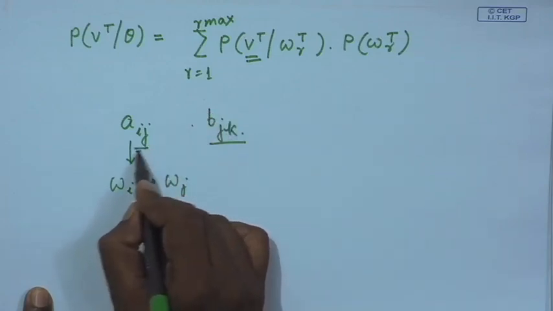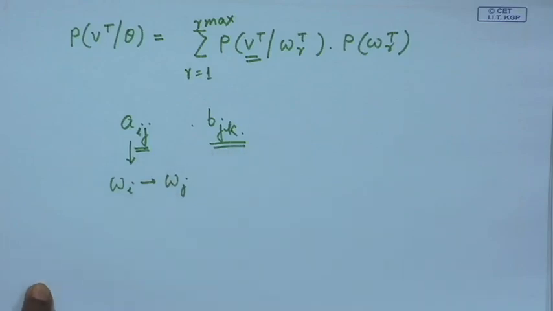So, these are the two probabilities that we have to estimate from a set of known sequences, the sequences which are to be generated by this hidden Markov model, and we have a coarse description of the coarse structure of the hidden Markov model in terms of the hidden states and in terms of the visible states.